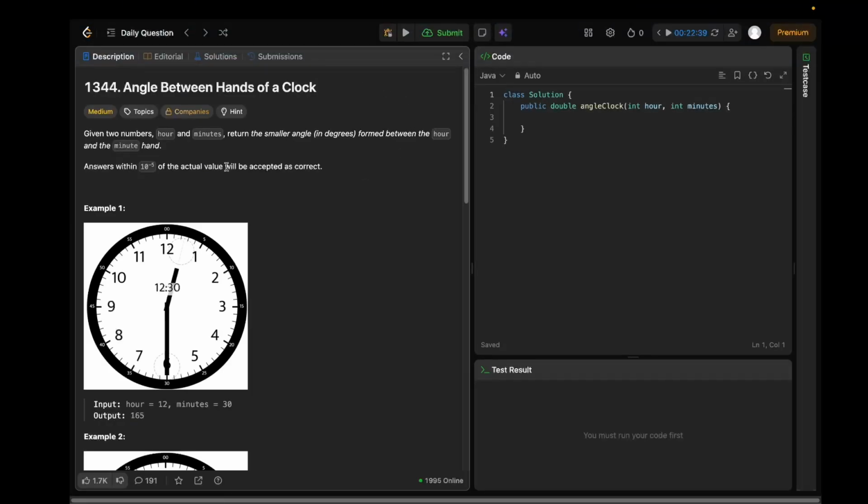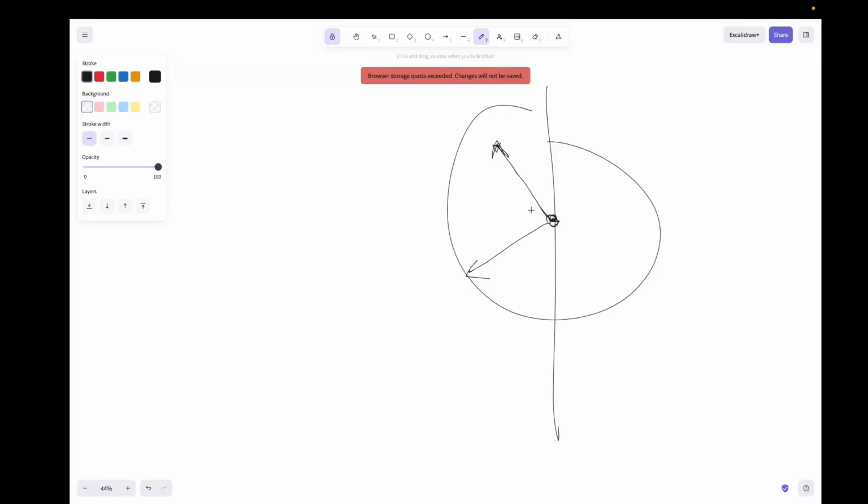Return the smaller angle formed between these two, either this one or this one, right? So we have to return.